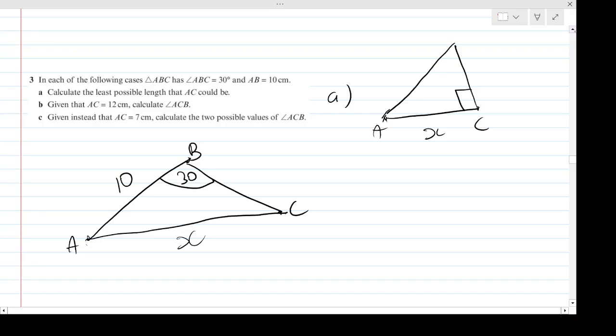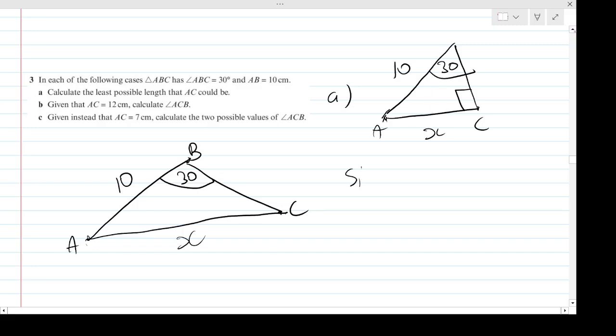But anyway, hopefully you realise then we've got a right angle triangle. We also know that this length is 10 and this angle is going to be 30. So it's basically SOHCAHTOA, essentially, right? So for AC, we know an angle, we know a side, we know that the 10 is the hypotenuse as it's opposite the right angle, while x is opposite the angle 30, so we're going to use SOHCAHTOA on the sine.